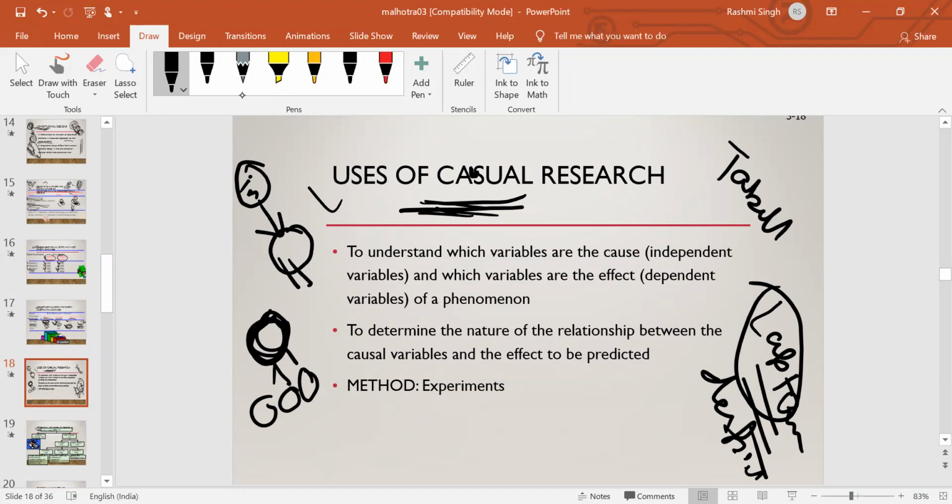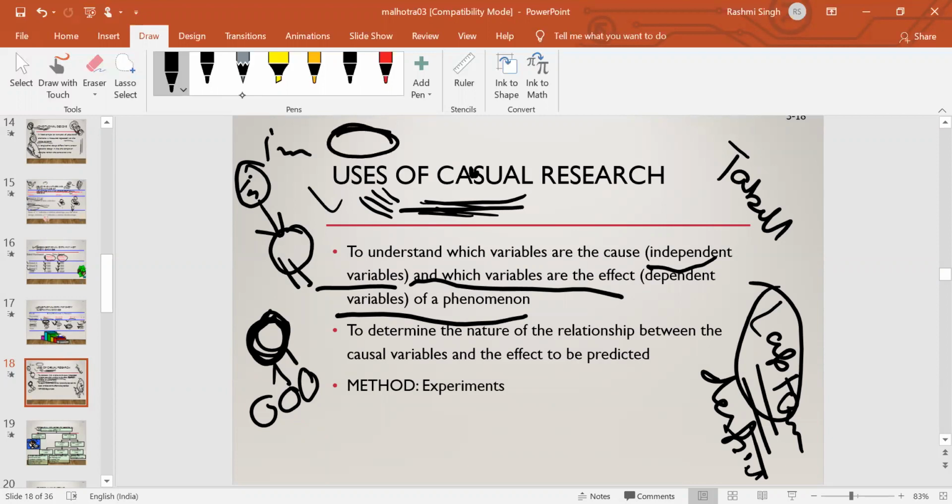So to understand which variables are the cause or independent variables and which variables are the effect, the dependent variables of the phenomena, that is a kind of causal research. Means if you want to know the cause and effect, because of this what will happen. What would be the effect of low internet connectivity on taking Zoom or online classes?